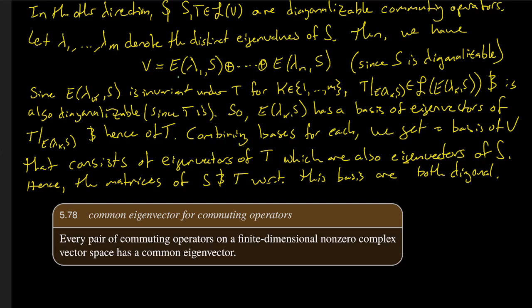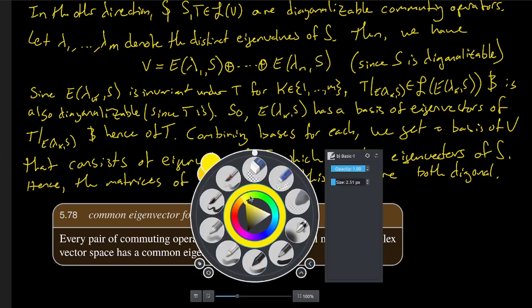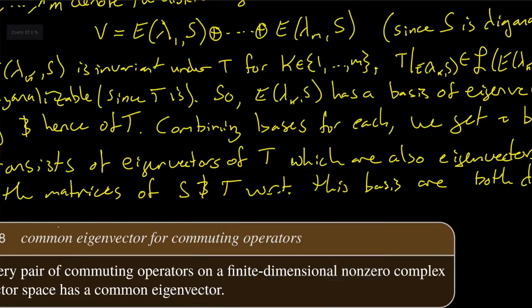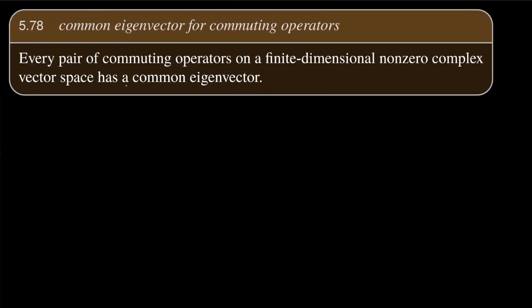So we found a basis that is all eigenvectors of T, and all of those are also eigenvectors of S. Accordingly, with respect to that basis, both operators have diagonal matrices. Okay, cool.